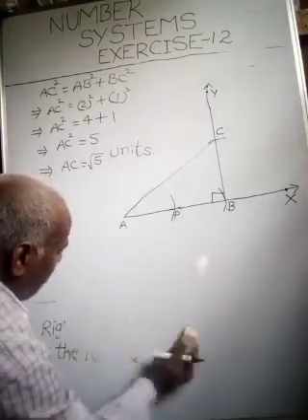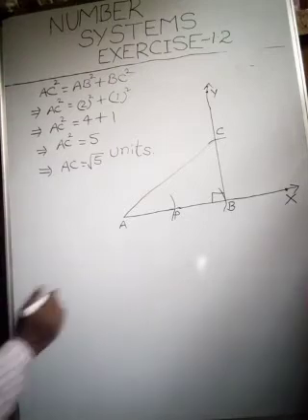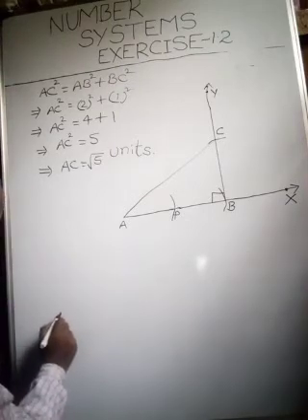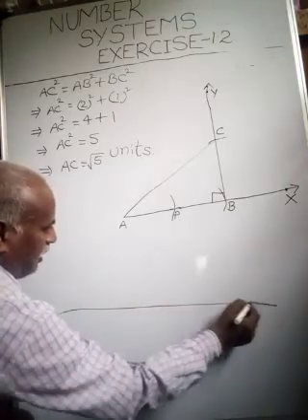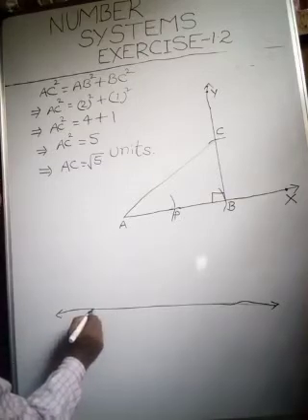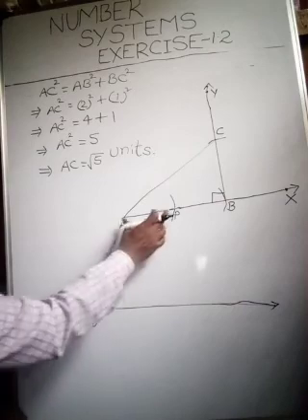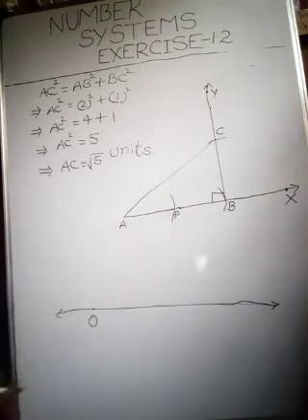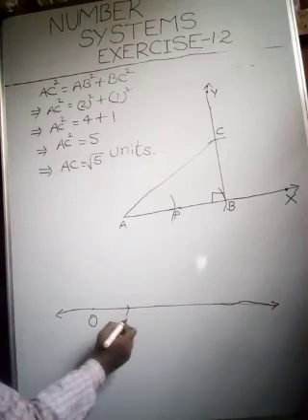Now on the number line, finally draw a number line here. Take the same radius, the previous radius, and cut like this. Here 1.